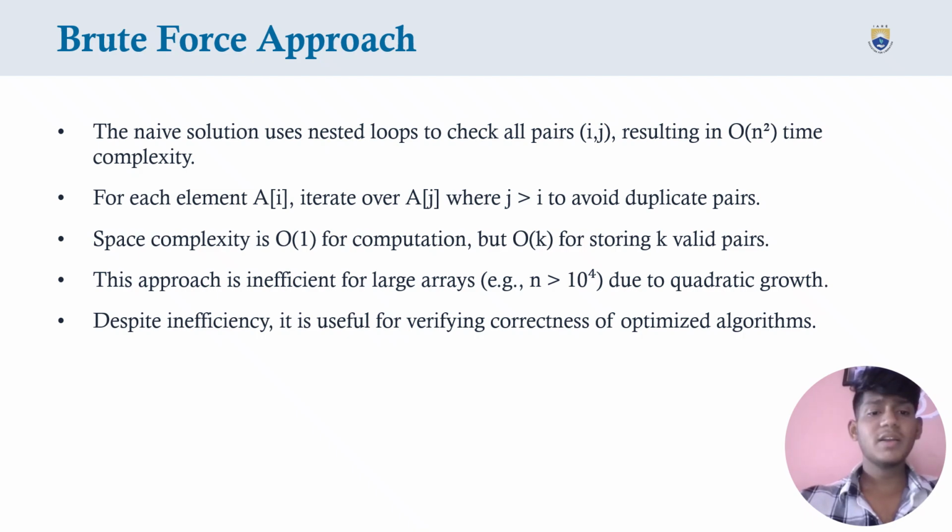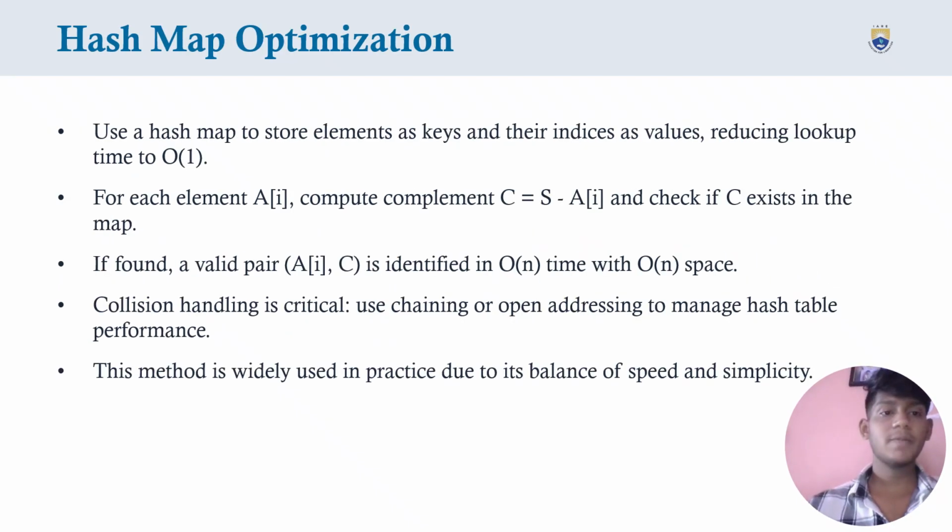For each element a_i, iterate over a_j where j is greater than i to avoid duplicate pairs. This approach is inefficient for large arrays, since n is greater than 10 to the power due to quadratic growth.